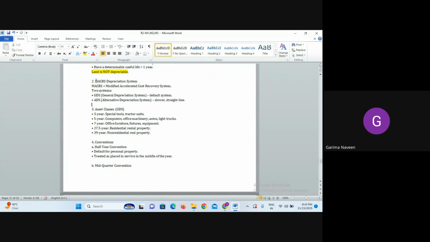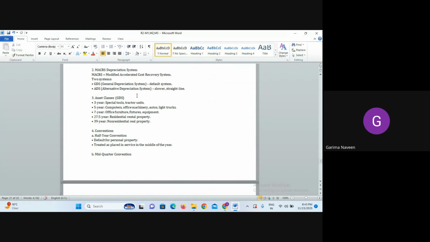Under MACRS depreciation, we have a classification of assets, which gives you the useful life of a specific asset.